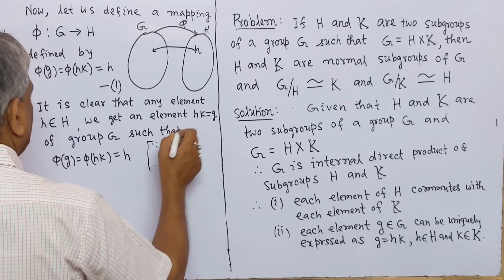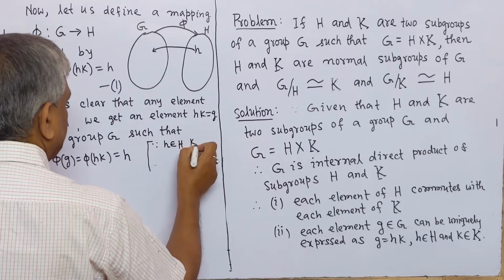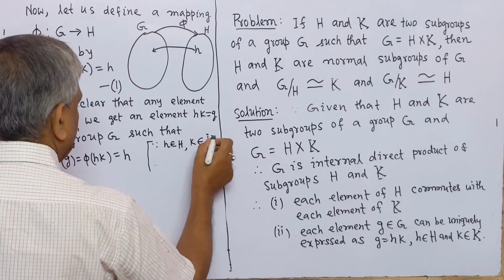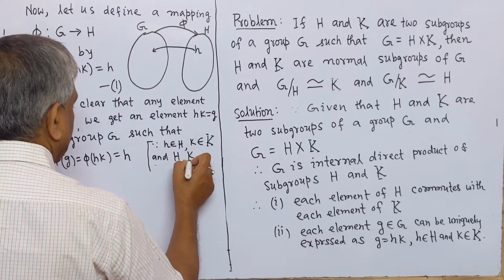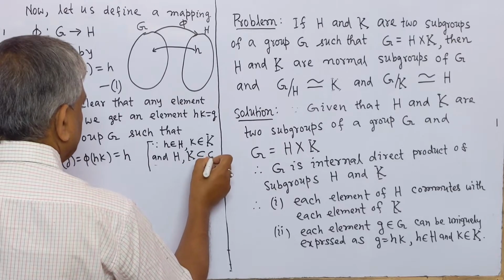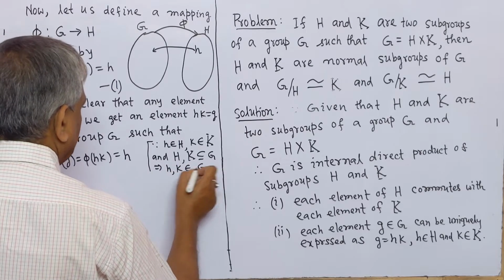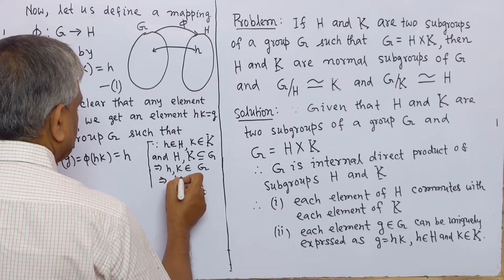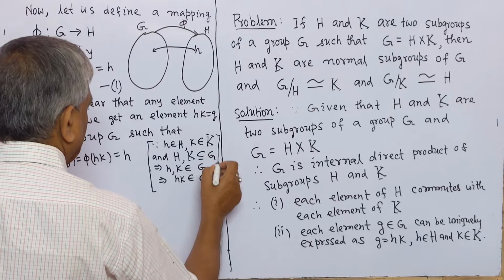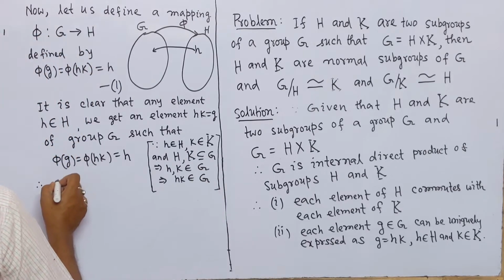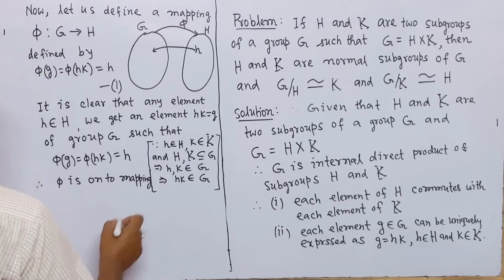Since small h belongs to subgroup H, small k belongs to subgroup K, and subgroups H and K are subsets of group G, it implies that small h, small k belongs to group G, so hk belongs to group G. Therefore, phi is an onto mapping. This is number 2.